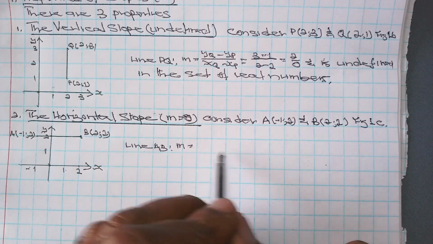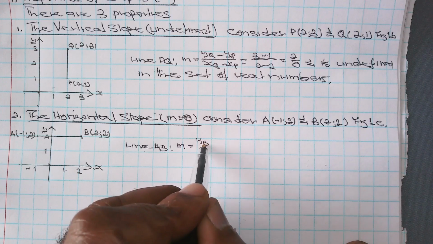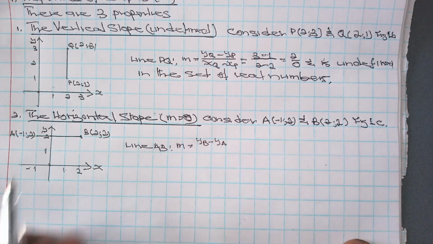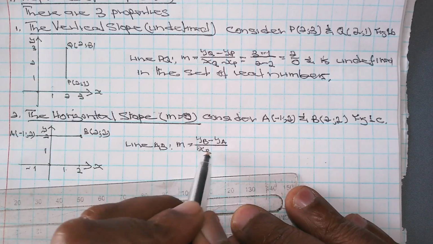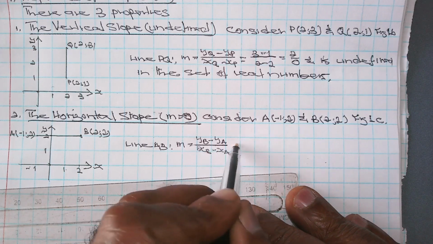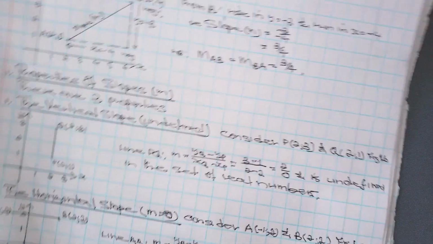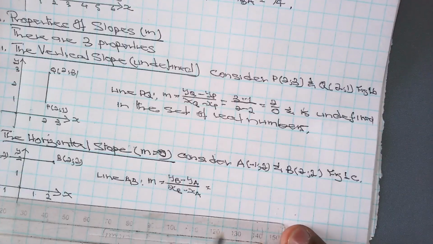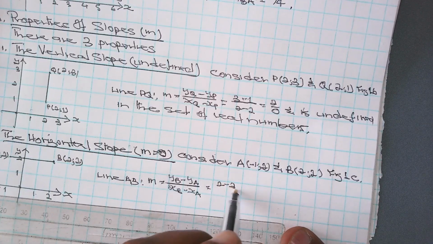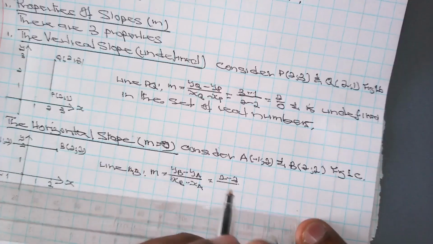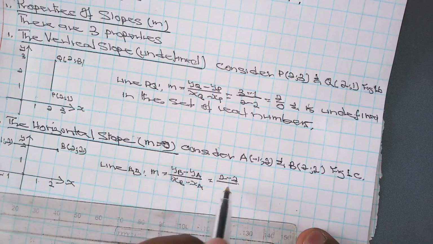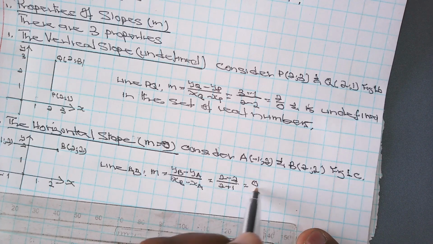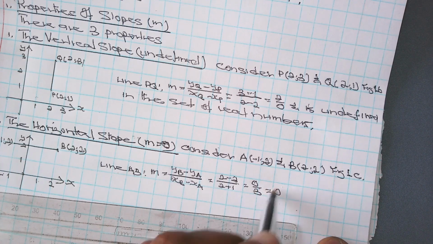M equals YB minus YA all over XB minus XA, being equal to 2 minus 2 all over 2 minus negative 1, which is 0 over 3, which gives us 0.